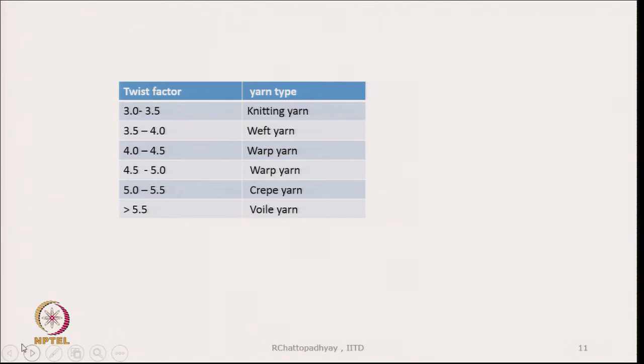What exactly twist factor is, that is not part of this course, but I think you must already have learnt it when you did a course on either spinning of yarn or maybe yarn structure, where these things are taught in much more detail.